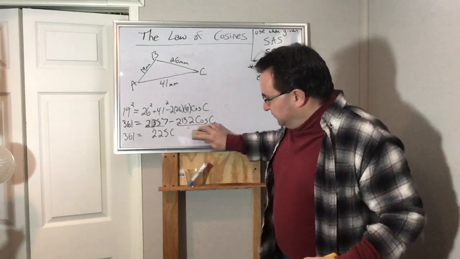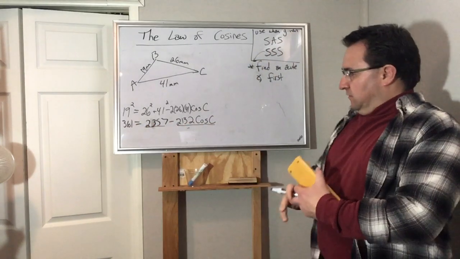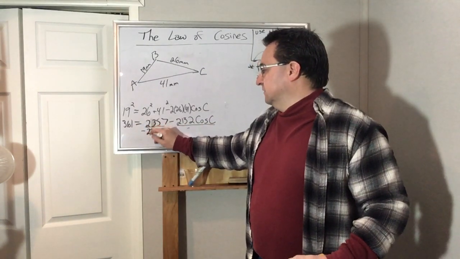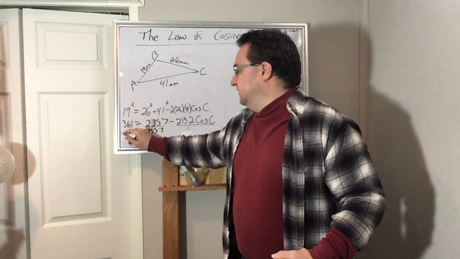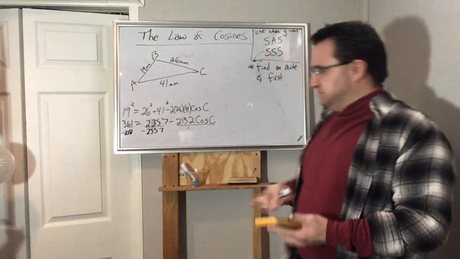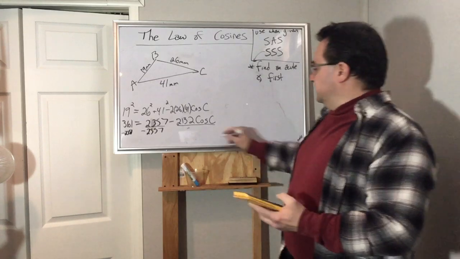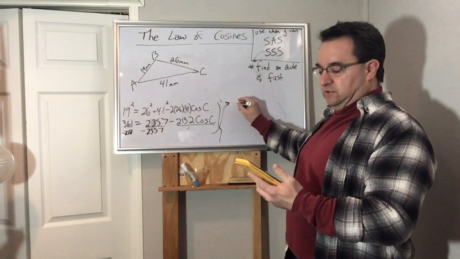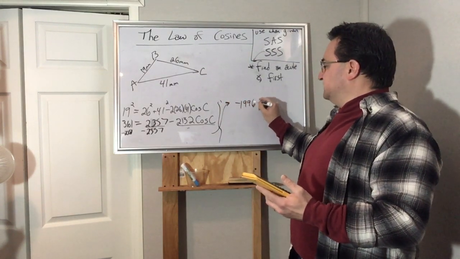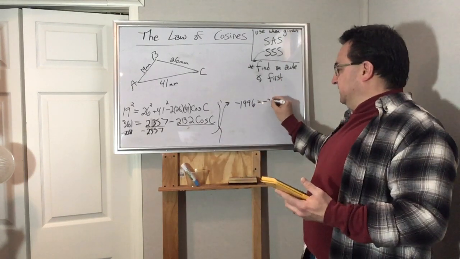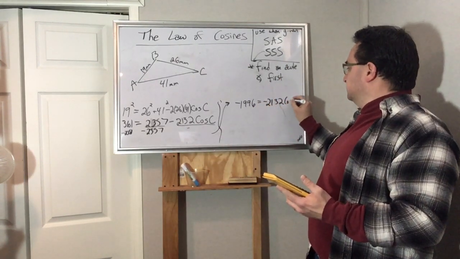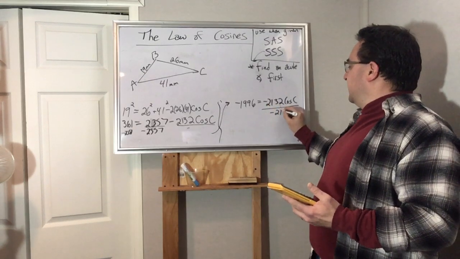So what do you do? Well, we've got to subtract the number over here to get all the numbers on one side. And I'm running out of room here, so we'll scooch over. Minus 1996 equals negative 2132 cosine C. Now we're going to divide.